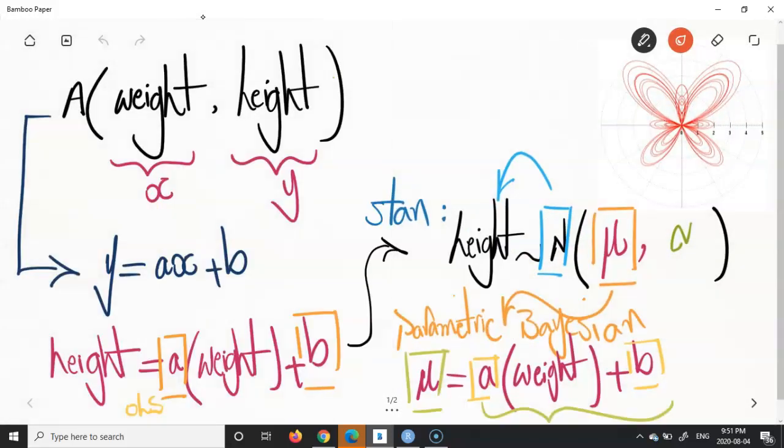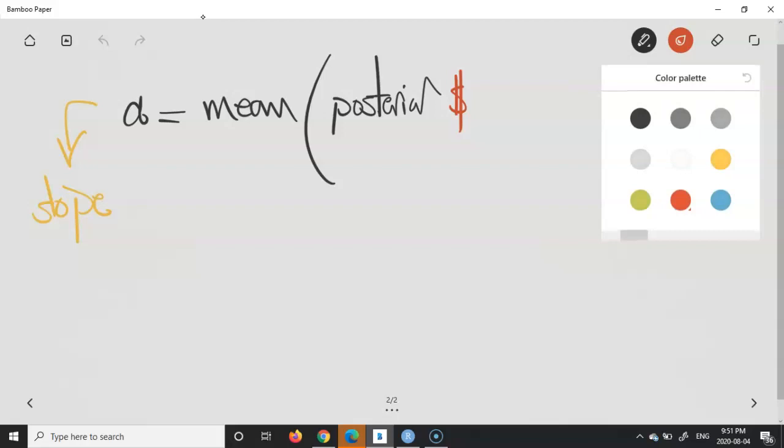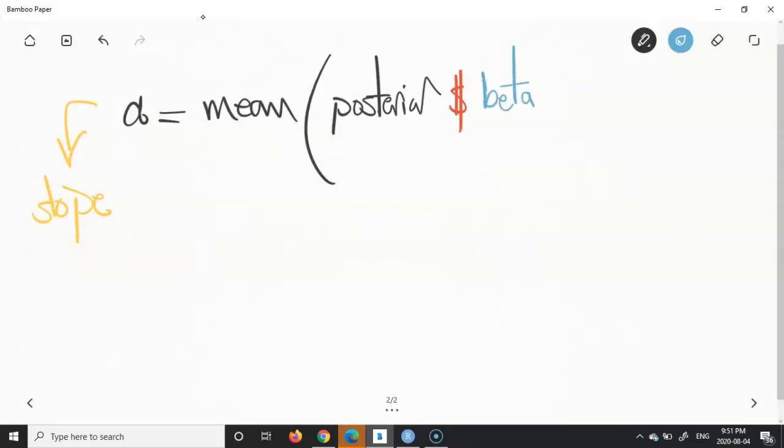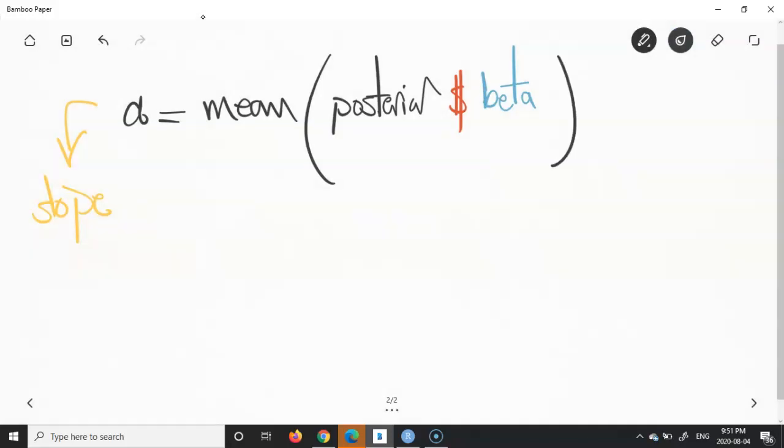For example, you're going to see that the A, which is going to be the slope, is going to be defined as the beta as a parameter in our Stan programming. You're going to see that very soon. I'm jumping a little bit ahead, but maybe that's a good thing, so that you see the main difference before we jump into some programming.